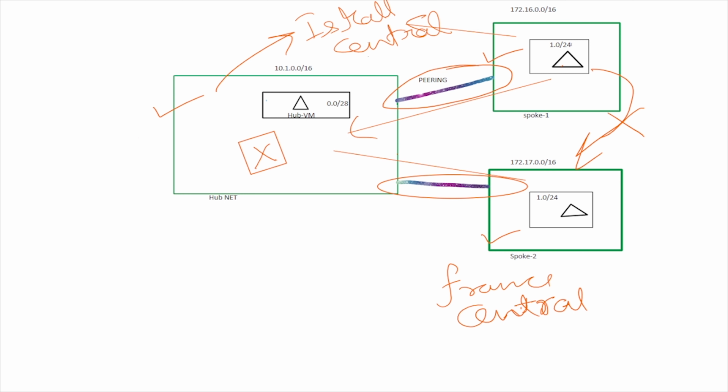Those resources will be deployed to forward the traffic between hub and spoke. But by default, two spokes cannot communicate with each other until we establish peering between them. All right, this is what we can see here. Now let's move to the Azure portal so that we can understand how these peerings can be configured and how these VNets and the resources are communicating with each other.